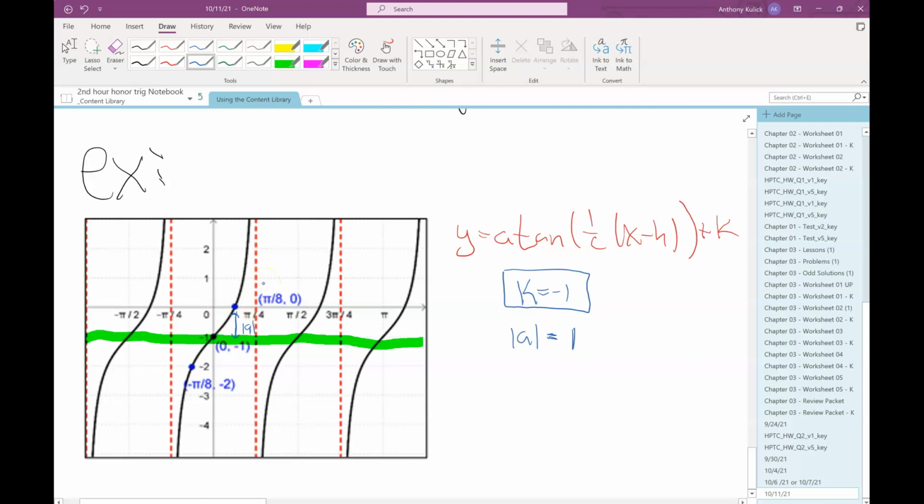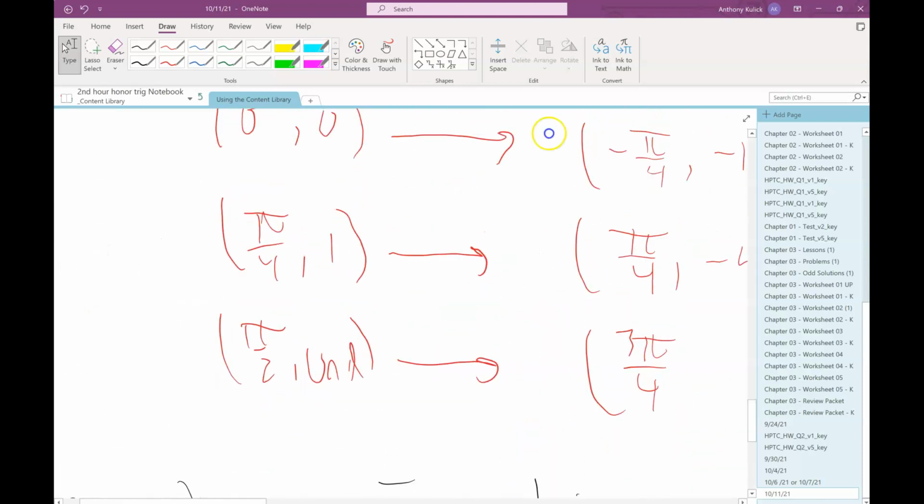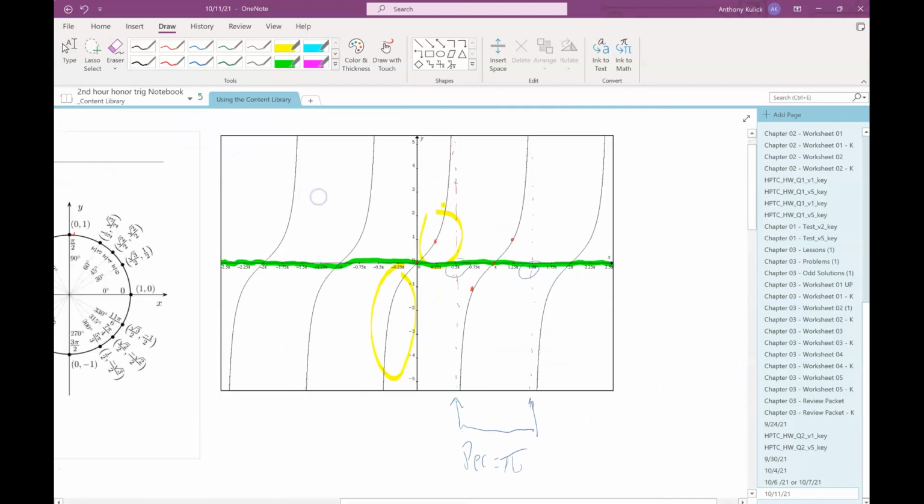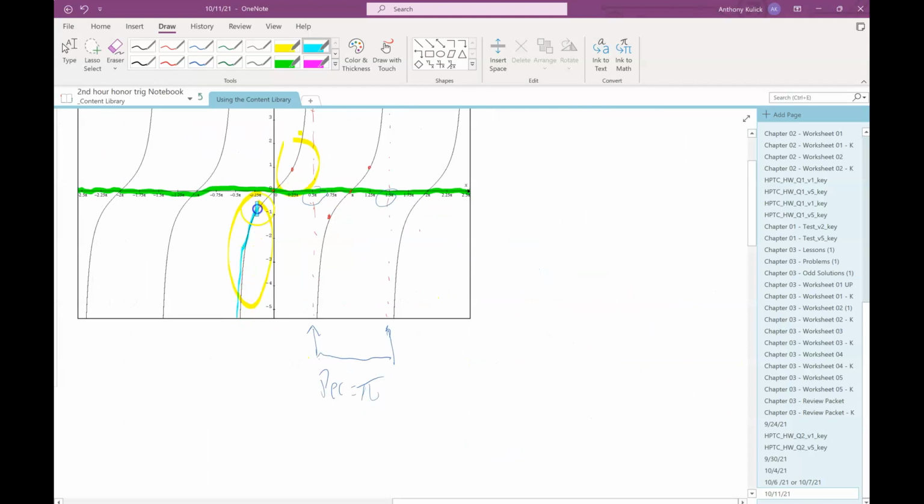And because I noticed that the graph of tangent, when I graphed the parent function way up here, goes from down to up as we move left to right.